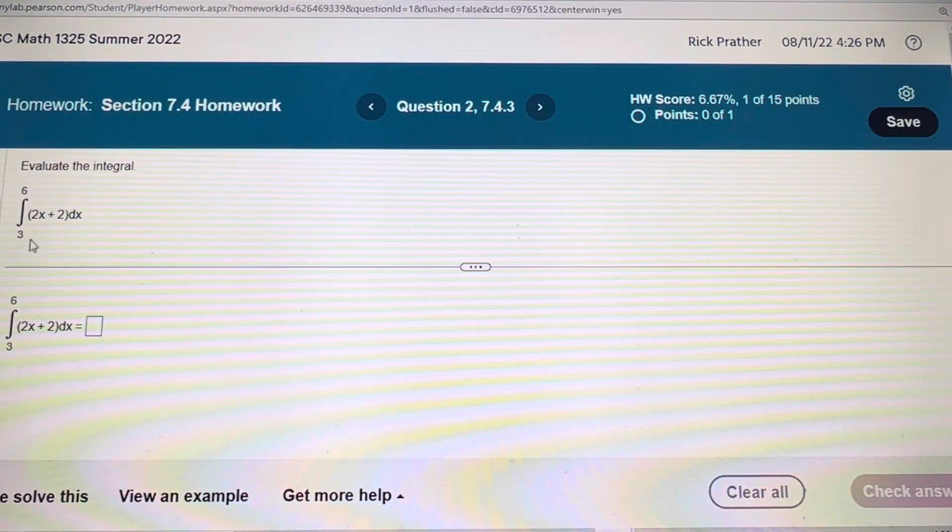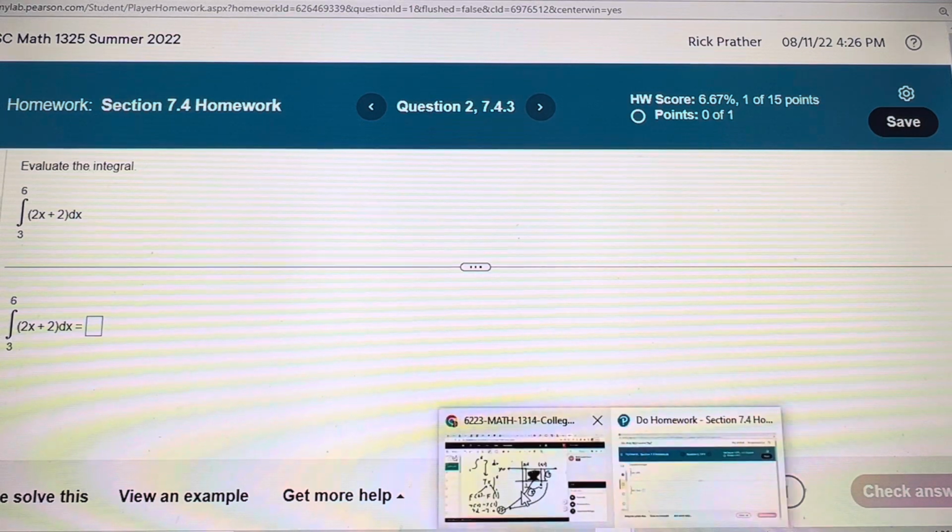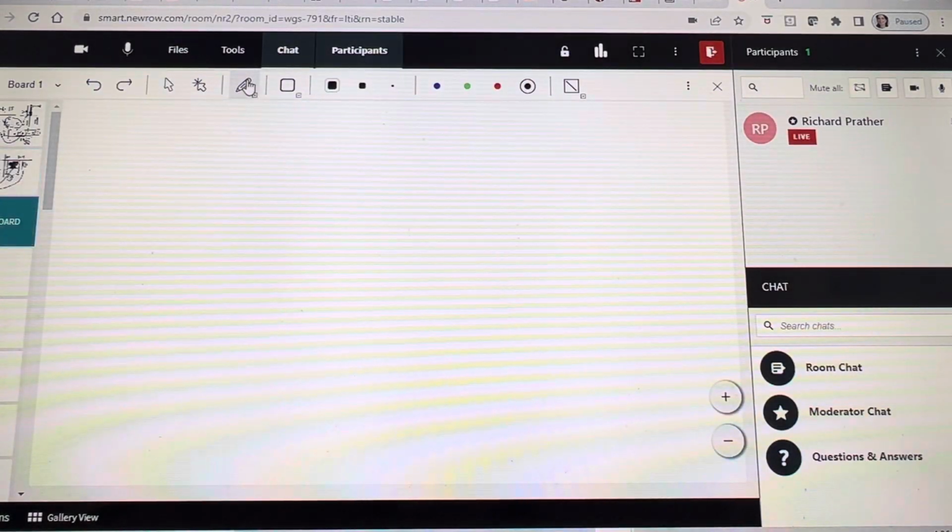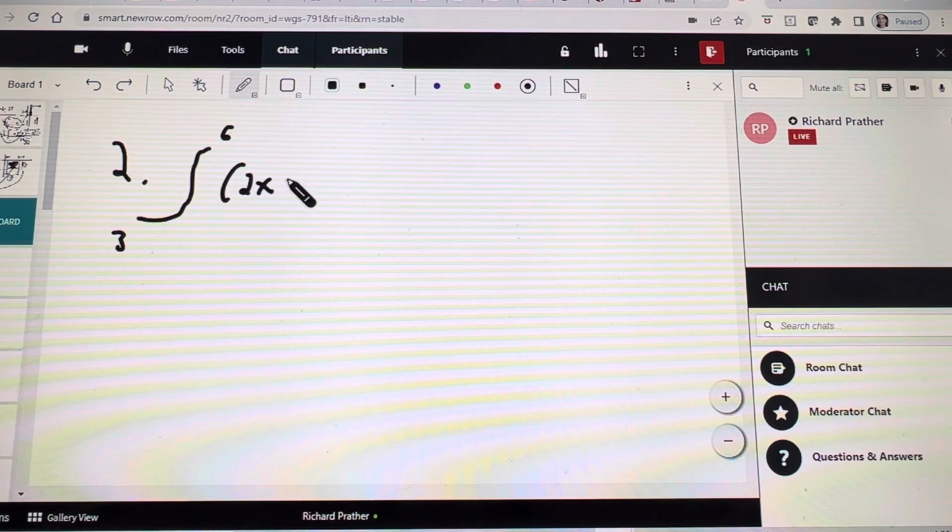So here's one where the original function f of x is a linear function, 2x plus 2. We want to go from 3 to 6. 2x plus 2, that's a line.